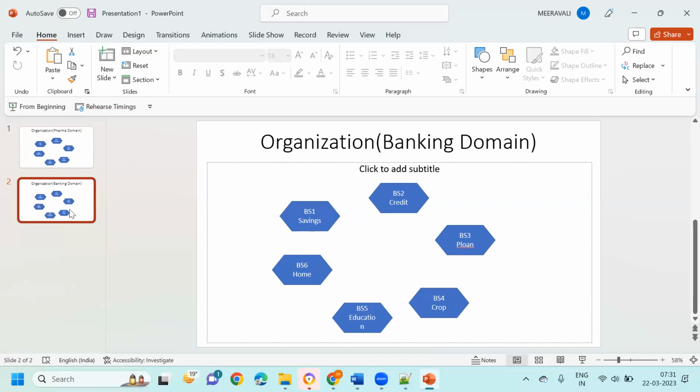Once you enter real time, as a CPI consultant or a PO consultant, you should know the project landscape, nothing but what systems are involved in the current project. That you need to learn. This is very, very important.